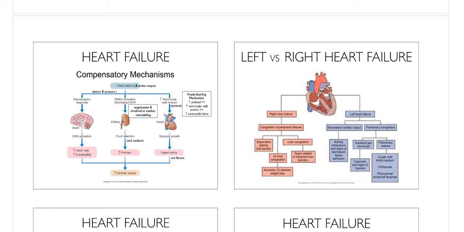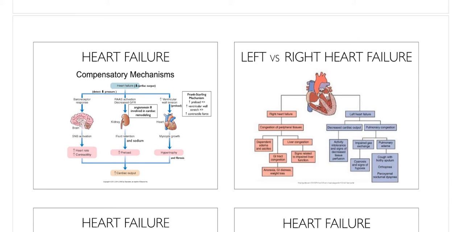Hey, SNS, wake up, we've got to increase heart rate, increase contractility. RAS is going to be activated with the decrease in glomerular filtration rate. We're going to go through the entire RAS system, leading to fluid retention and sodium retention, which will increase preload. We will also have an increase in ventricular wall tension, which is preload, and that comes from the RAS and the SNS activation.